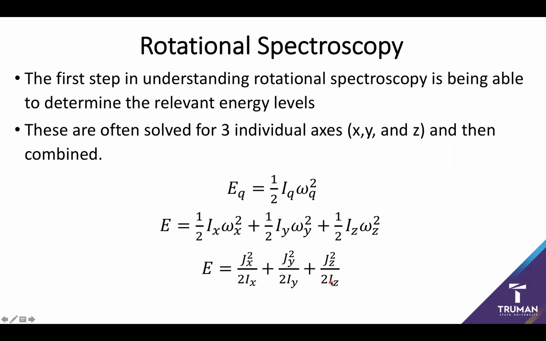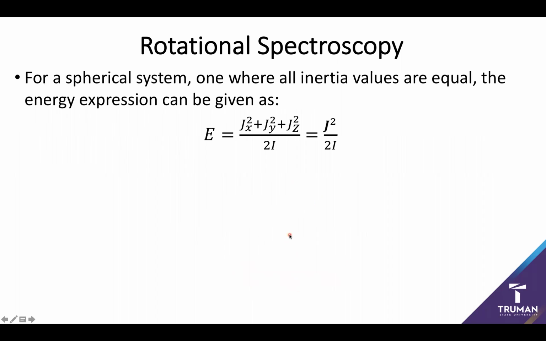Now, for spherical systems, this is actually quite a simple equation to use, because it turns out that when all of our moments of inertia are identical, that term essentially becomes shared. And then all we're left with is the energy being dependent upon the sum of our individual component angular momenta divided by twice the total moment of inertia.